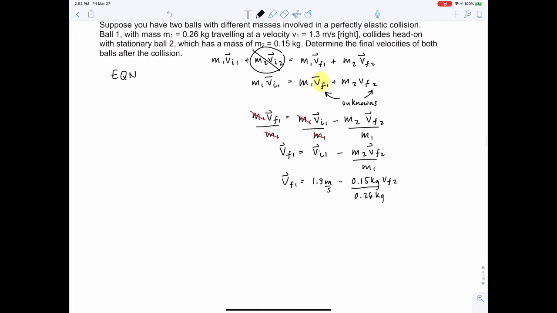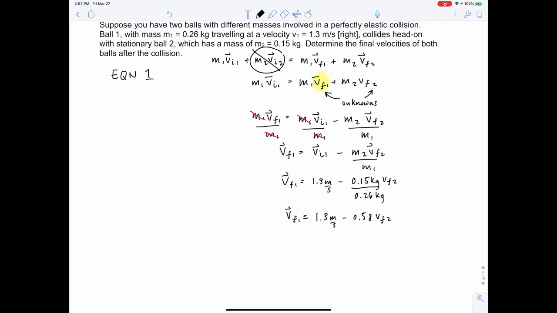We can simplify 0.15 divided by 0.26, so we're left with 1.3 meters per second minus 0.58 V final 2. So we've written V final 1 in terms of V final 2.